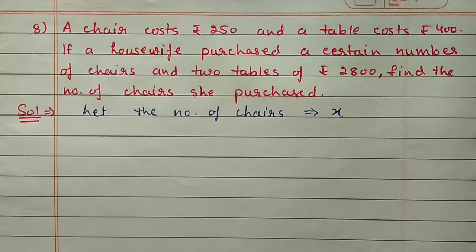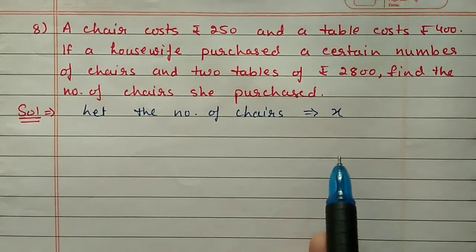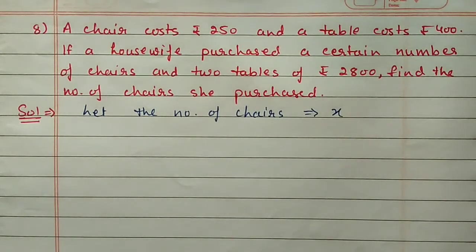Next, question number 8. A chair costs rupees 250 and a table costs rupees 400. If a housewife purchases a certain number of chairs and 2 tables for rupees 2800, find the number of chairs she purchased. So let the number of chairs she has purchased be x. Now we will find out the total money.